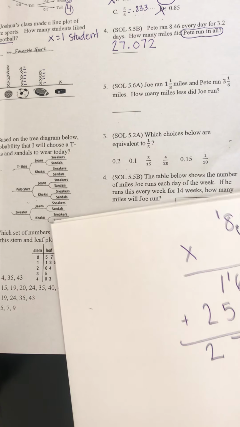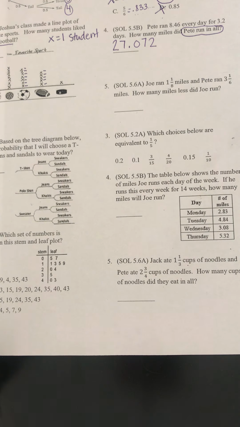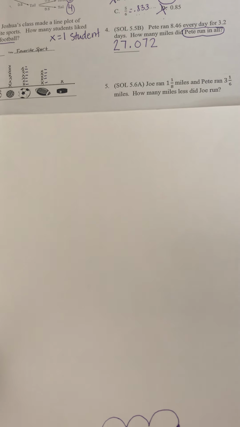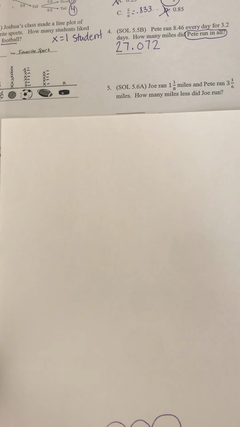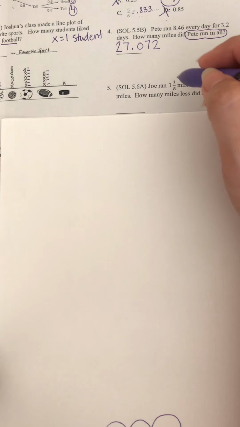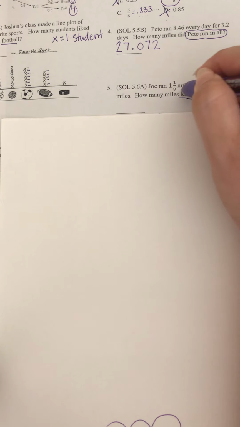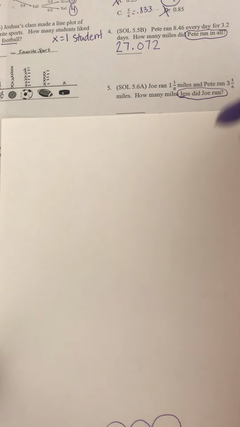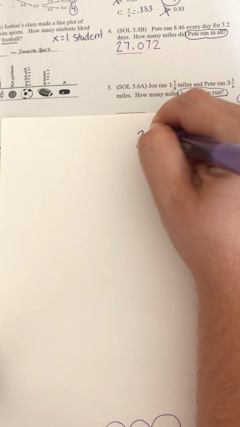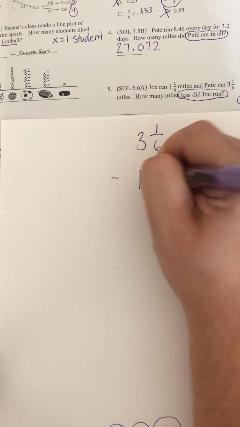All right, number 5. Number 5 says that Joe ran 1 1/8 miles and Pete ran 3 1/6 miles. How many miles less did Joe run? So it looks like we're doing comparing, so we need to subtract. So I'm going to have 3 1/6 minus 1 1/8.